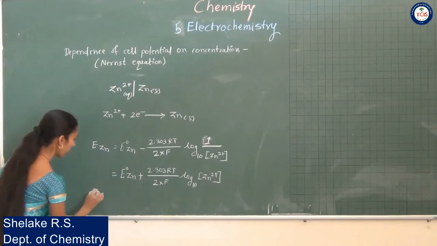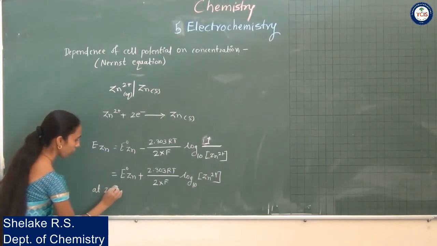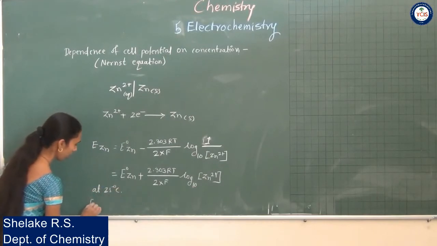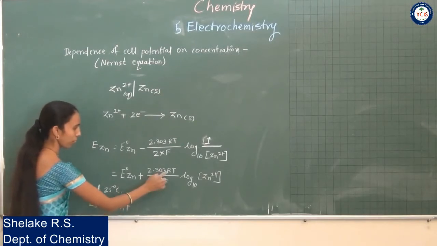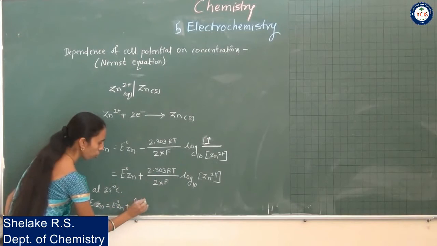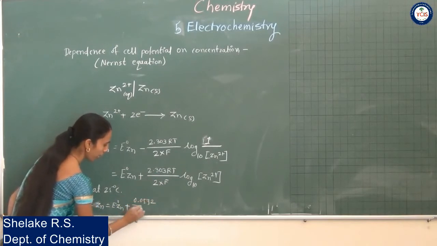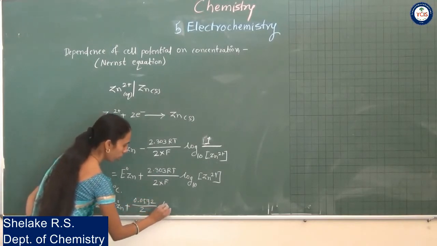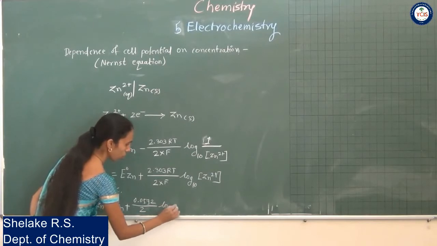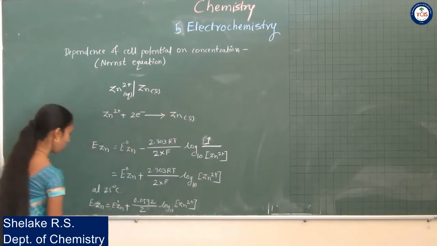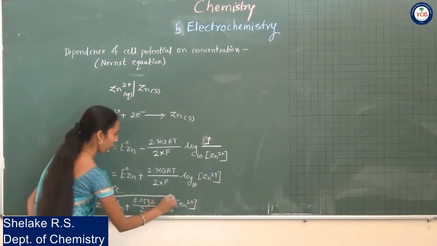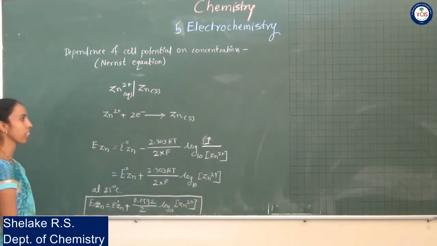Now at 25 degrees Celsius, this equation will change to E_Zn equal to E0_Zn plus 0.0592 divided by 2 log to the base 10 concentration of Zn2+. So this is the Nernst equation for the zinc electrode where the reduction takes place.